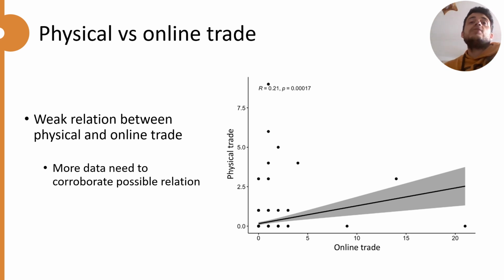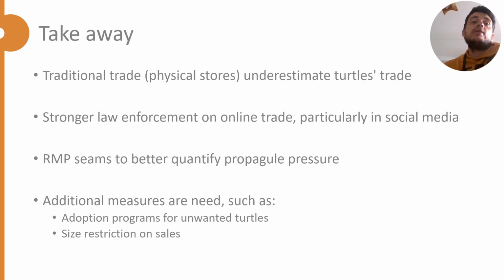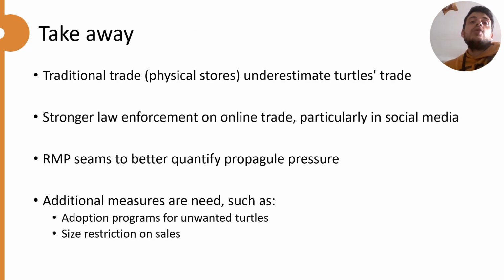So the take-home messages are basically that the traditional trade is underestimating the total turtle trade, and you should include online trade, both in online stores and online platforms, and also social media data, when we try to quantify the trade of turtles.